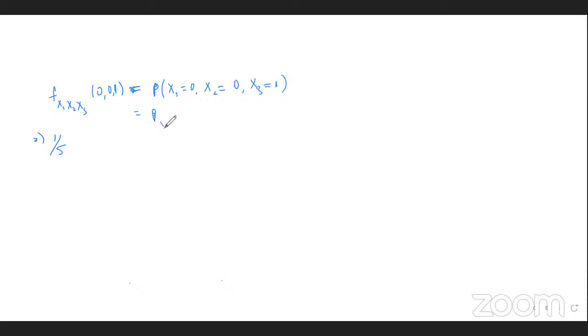So we can write it as the probability X1 equals 0 given X2 equals 0, X3 equals 1, into the probability X2 equals 0, X3 equals 1. So this is what we have to find.